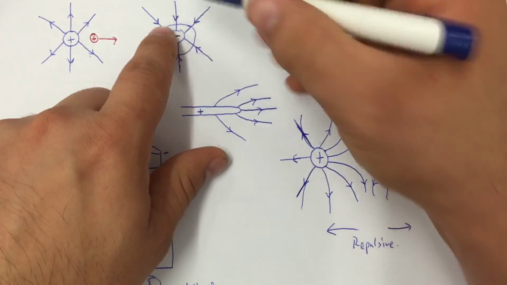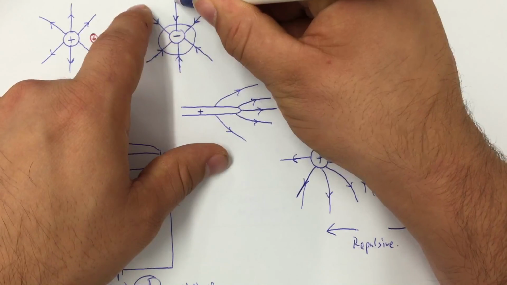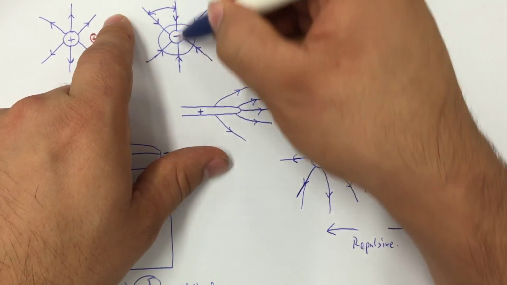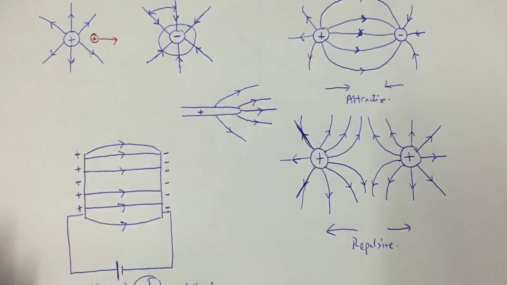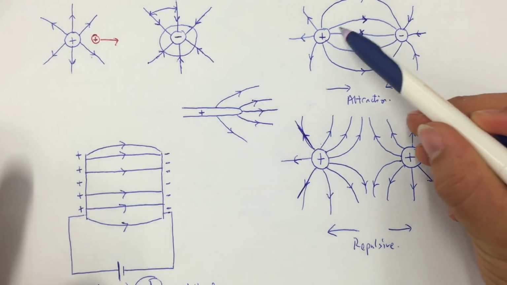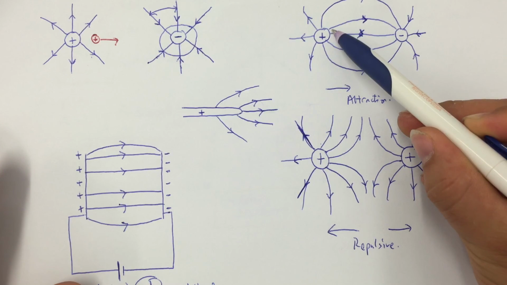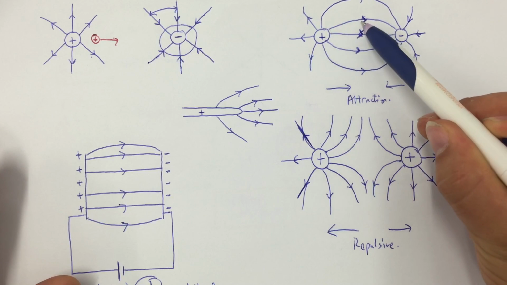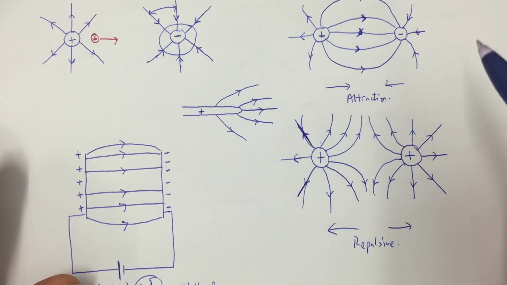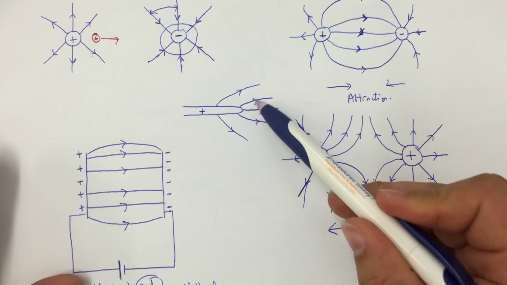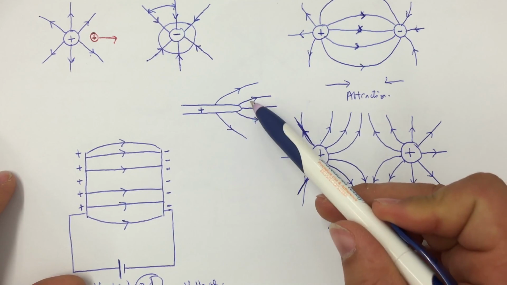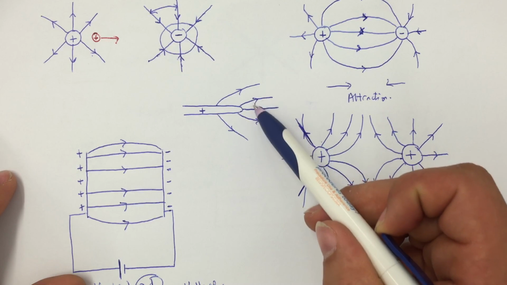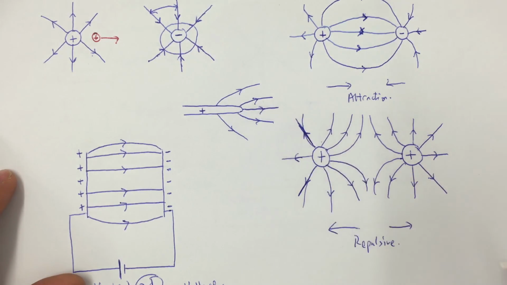But obviously you can also see that the lines get further apart the further away you get, so the field gets weaker the further you travel away from the charge. Same thing here, the electric field is much stronger closer to a charged object because the lines are much closer than they are at some separation. And this is again represented when we have a spiked or pointed object with an electric field around it. The electric field will be denser or closer together at the tip.